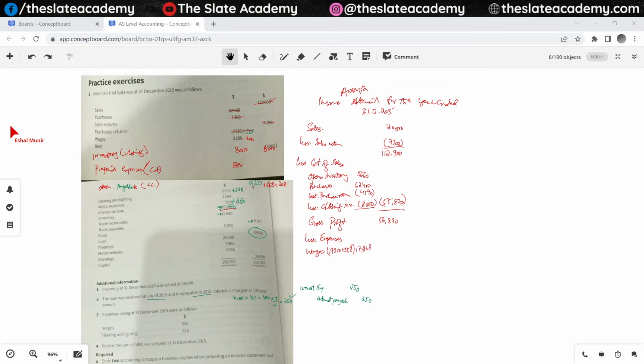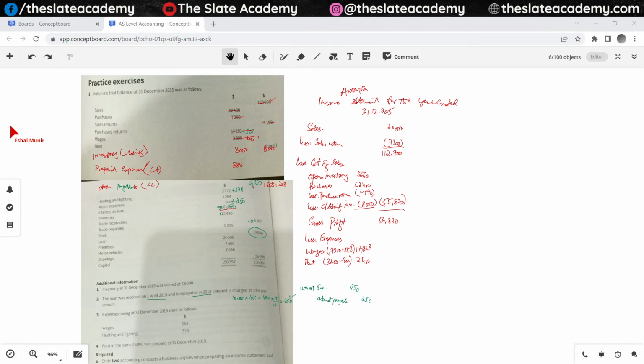Then I have rent. Rent is 3,200 minus 800, so 2,400. Okay. Then I have heating and lighting.